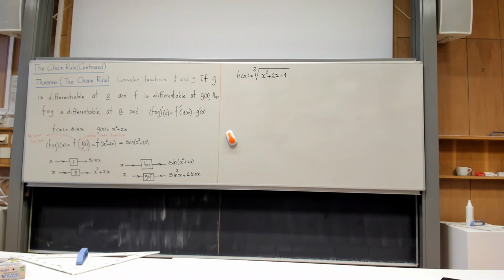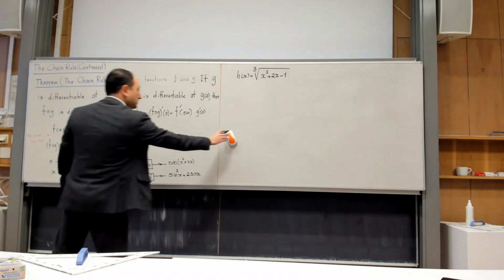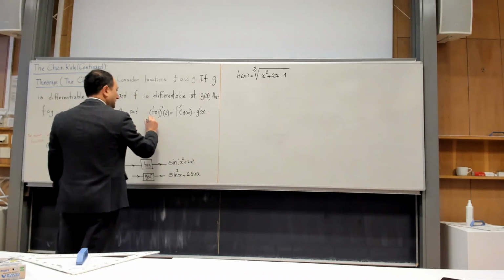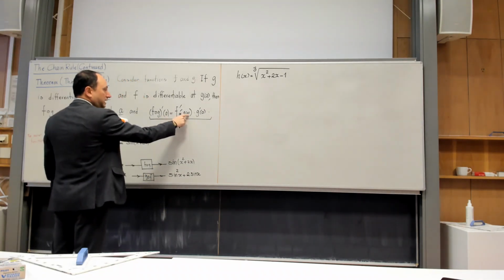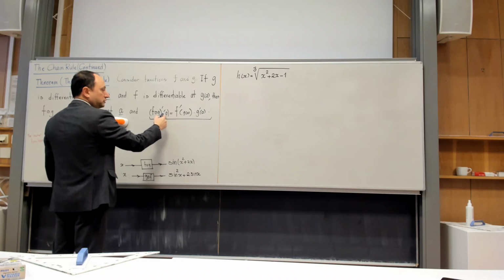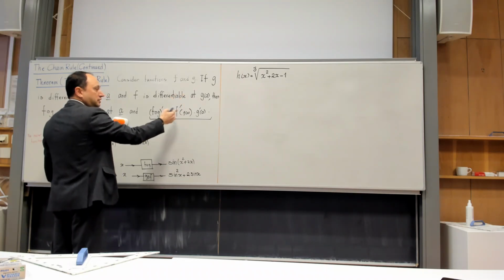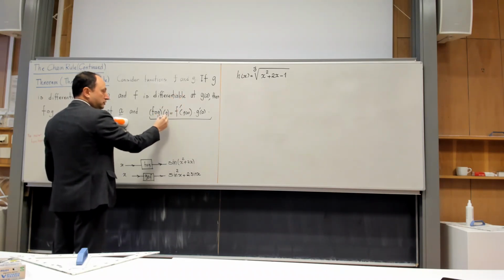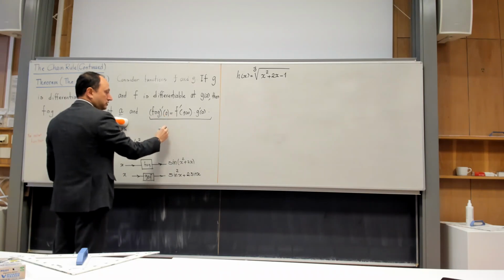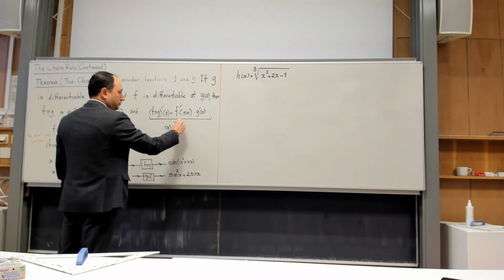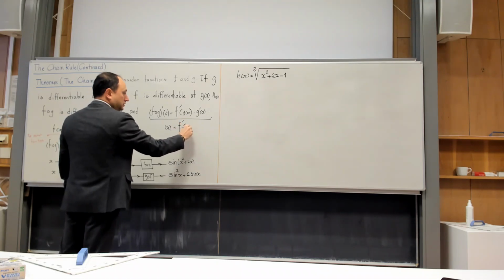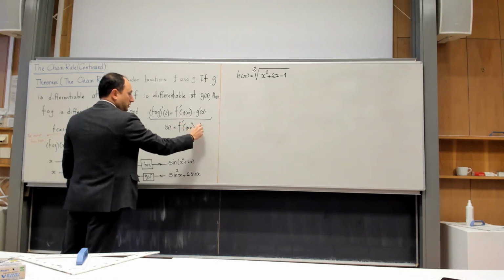Okay, for this one, let me write it in a little bit more practical way. First of all, instead of letter A, because A is a number, but in principle I am interested in differentiating the function at a typical point, so let me change A to x. Okay, so then on the right hand side I will have f prime of g of x multiplied by g prime of x.